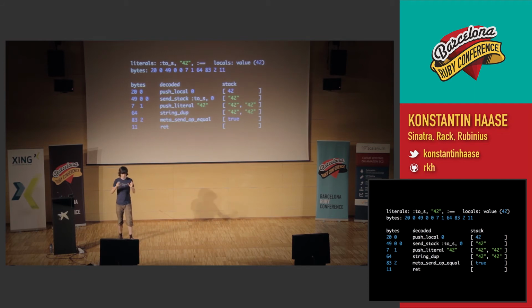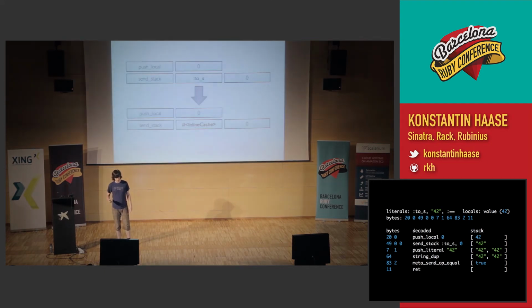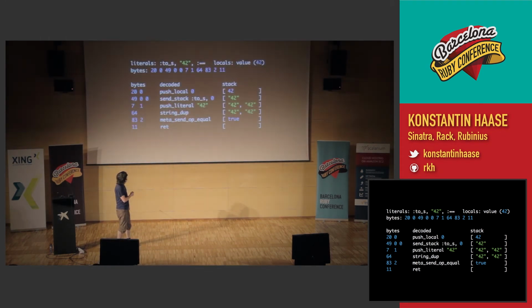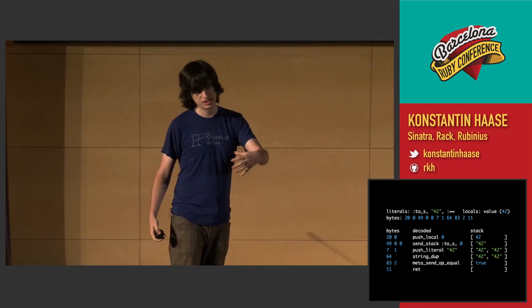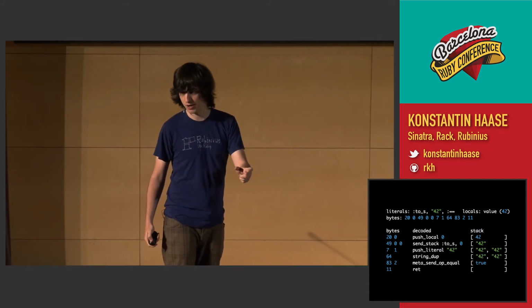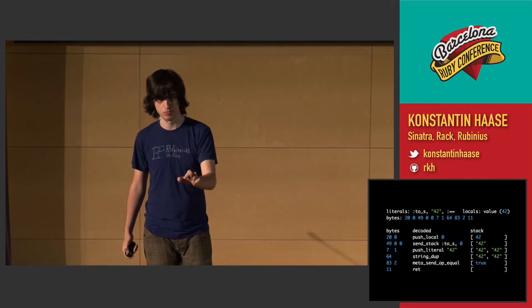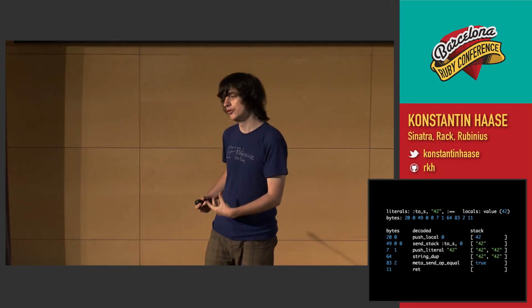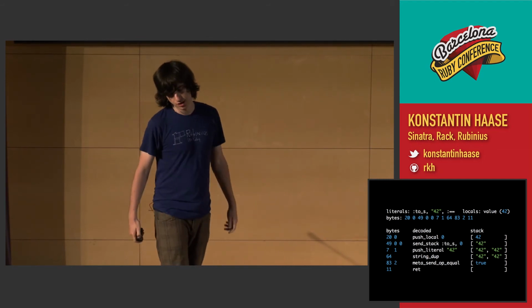If you imagine that as the bytes in memory, then the literal in place, like you have that line push local and then send stack to S. Then if you access that from the compiled method, there will really be the symbol to S. You could also replace it in the running process and basically change the method, because that's all live objects.